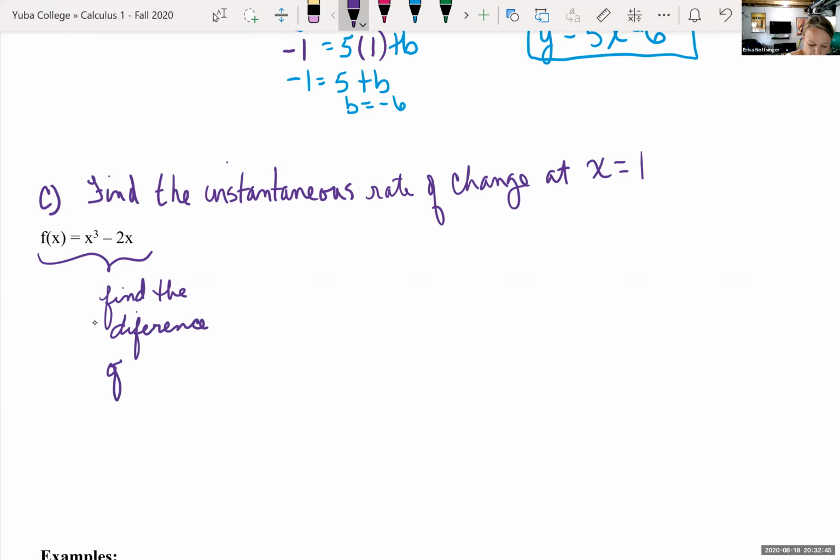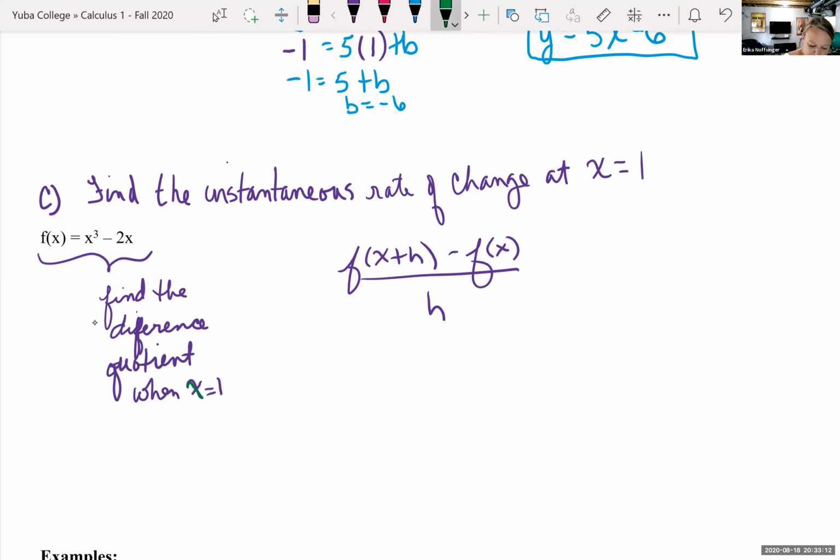Difference quotient when x equals 1. I spelled that wrong, sorry. So instead of this f of x plus h minus f of x all over h, we're going to go back in here and replace this with x equals 1. You know what that x value is.